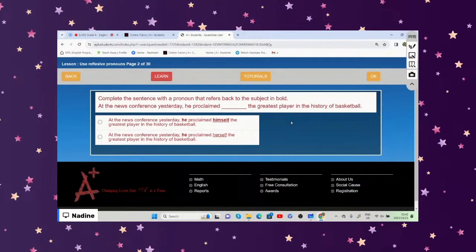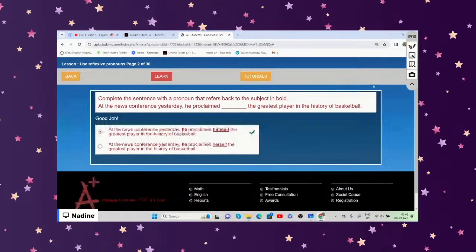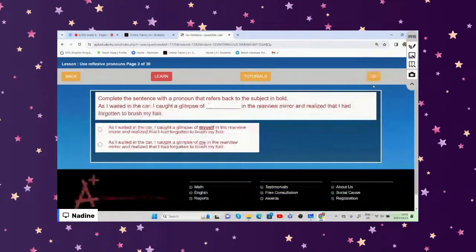All right, so our reflexive pronoun refers back to our subject in bold, which is he, then we'll choose option one because himself refers back to the subject, which is he. So great job. Himself is great.